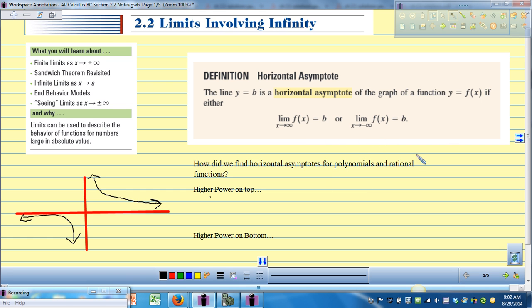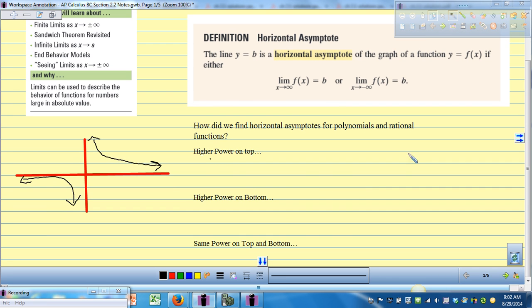And if you recall, there were three main situations that you dealt with when you were finding these horizontal asymptotes, but let's throw one more in. What if I asked you about the horizontal asymptote of this function? Is there a horizontal asymptote for that function? No. Justin, what do you think?